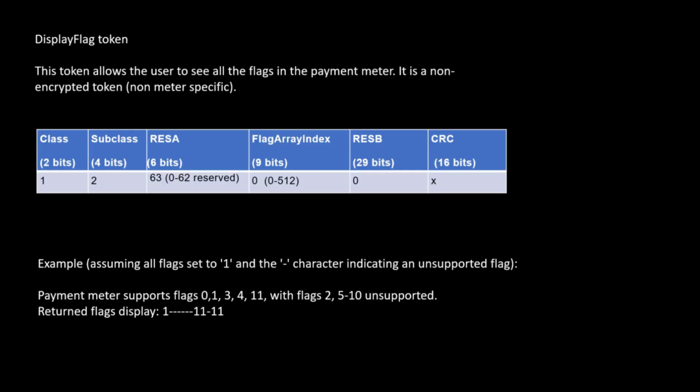So the 1 means it's supported, the dash means it's unsupported, and they always come back with that same range of characters. There is no other number other than a 1 or a dash character for unsupported.